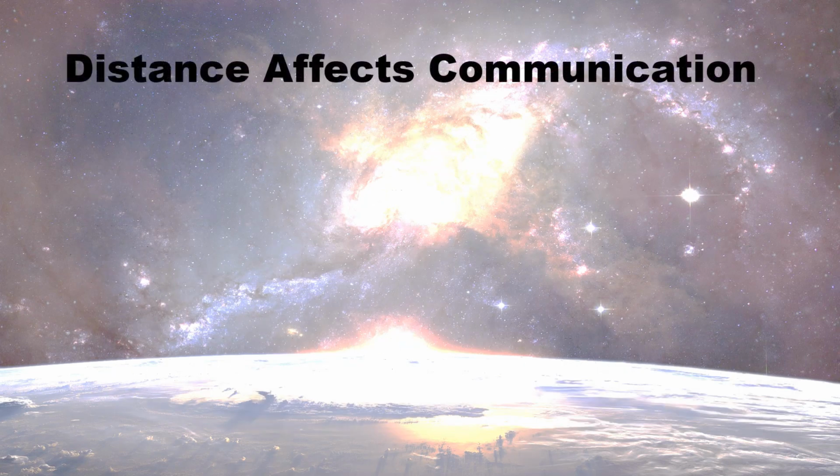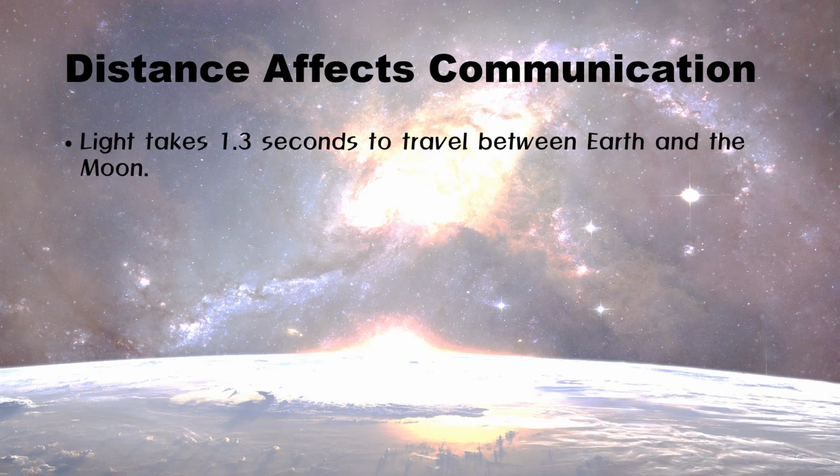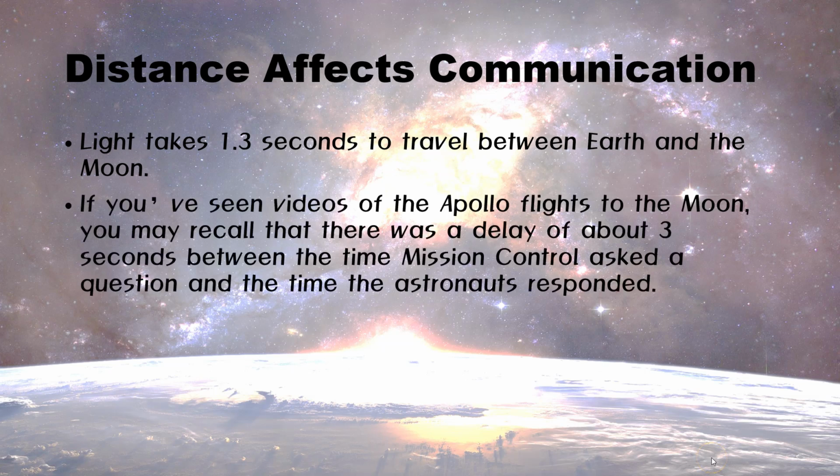Now, we can start seeing we're getting some distance here, and because we have big distance, that means we're going to start affecting the communication that we can use. So light takes 1.3 seconds to travel between Earth and the moon. Now, if you've ever watched any of the old Apollo flights to the moon, you may recall that there was a delay of about 3 seconds between mission control and the astronauts themselves.